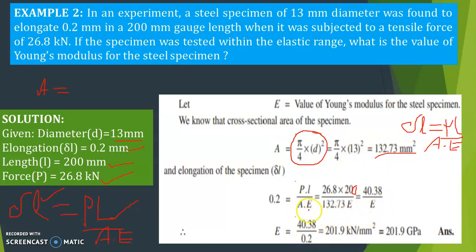So this E goes to this side, so 0.2 comes to this side. When you simplify this, you will get the answer 201.9. Okay, this is Young's modulus.